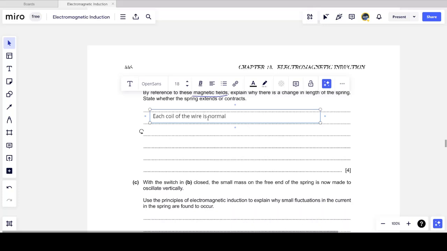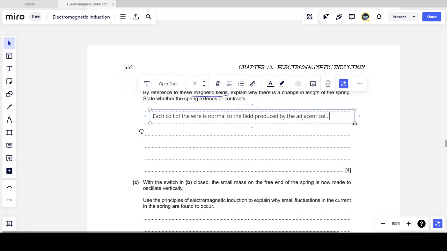Normal is just easier to write. It's normal to the field produced by the adjacent coil. So the current in each coil produces a field which is felt by the adjacent coil, and the field and current are normal.